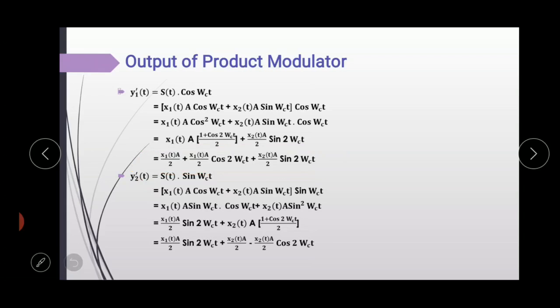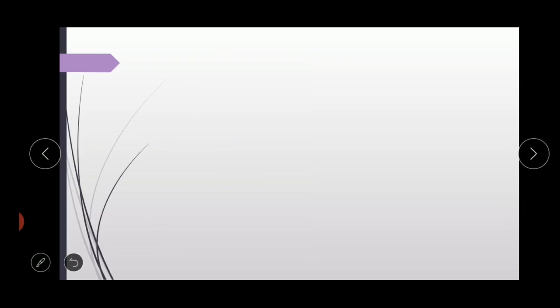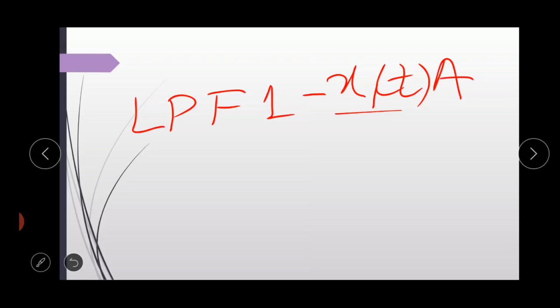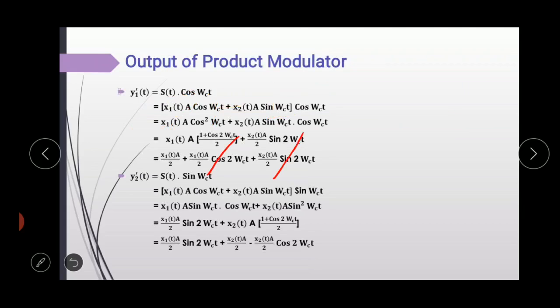As the output of product modulator 1 is given to the low pass filter, the low pass filter only allows the frequency of the modulating signal. So this contains only the frequency of the modulating signal, and the others are rejected by the low pass filter. So low pass filter 1 at the output gives x1 of t A by 2. See here, x1 of t A by 2.